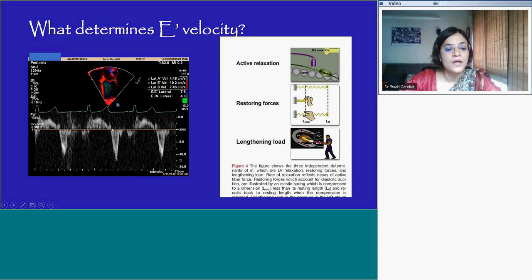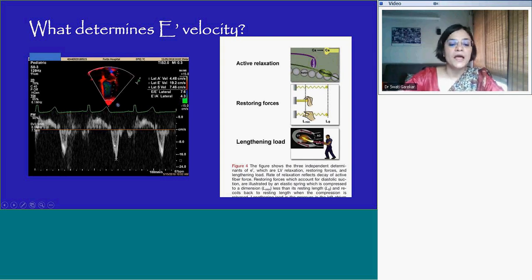The first deflection, right after your T wave ends, is around 16 to 18 centimeters per second. Here, 12. So that's E prime right there. You can see A prime, and the S prime here reflects systolic function. That's a whole different topic.